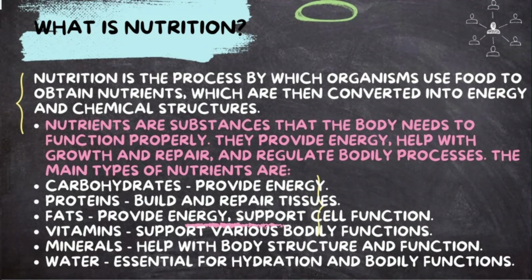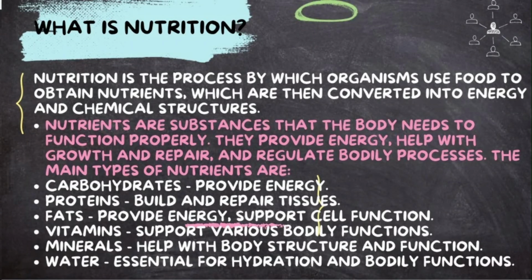So carbohydrates provide energy, proteins build and repair tissues, fats also provide energy, and then vitamins and minerals, what we would consider micronutrients, meaning that we need them in much smaller amounts, just a little bit to survive. While carbohydrates are definitely a macronutrient, we need a lot, because we use energy a lot.